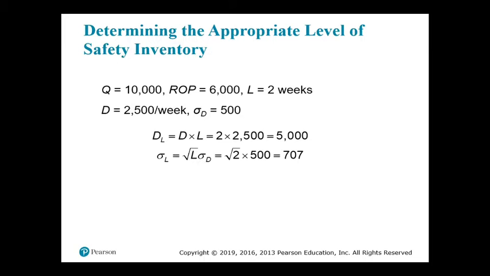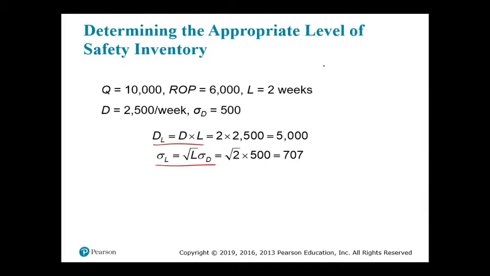In this example, the lead time demand average is D times L, and the lead time demand standard deviation is the square root of L times the demand rate standard deviation.